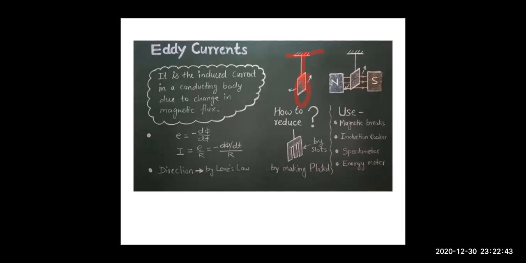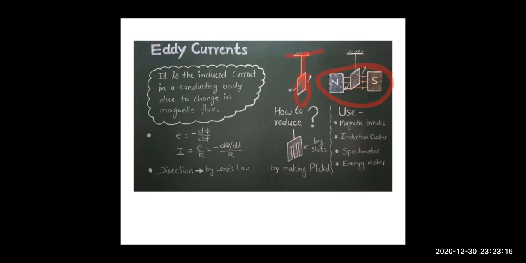Okay, but if the same suspended metallic plate is kept between the two poles of the magnet, that is, we are keeping it in the magnetic field, and now if we disturb this metallic plate, then children, you will see that the plate will start oscillating, but the oscillations of the plate will get damped and slowly the plate will stop.